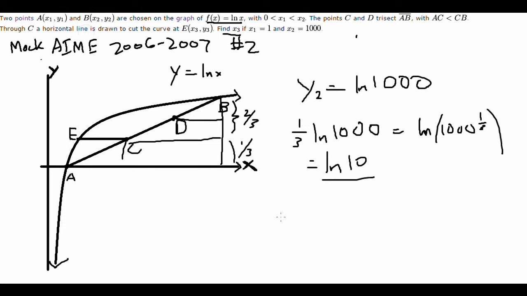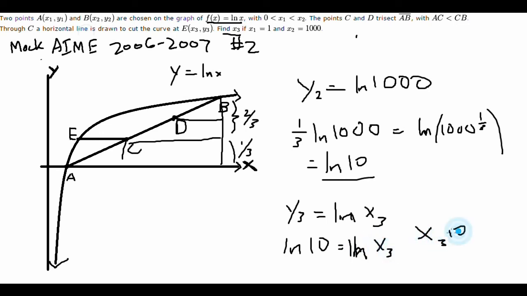So we want to find the x coordinate of E, and since E lies on the line y equals natural log of x, then we know that y3 equals natural log of x3, and thus natural log of 10, since natural log of 10 is the y coordinate of E, is equal to natural log of x3. So x3 would just equal 10, because natural log of 10 is natural log of x3, so x3 equals 10. And that's our answer.